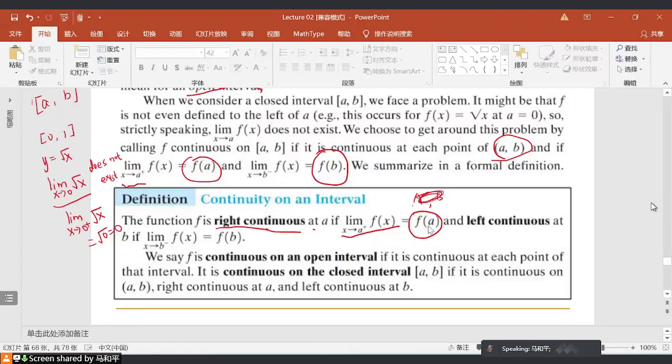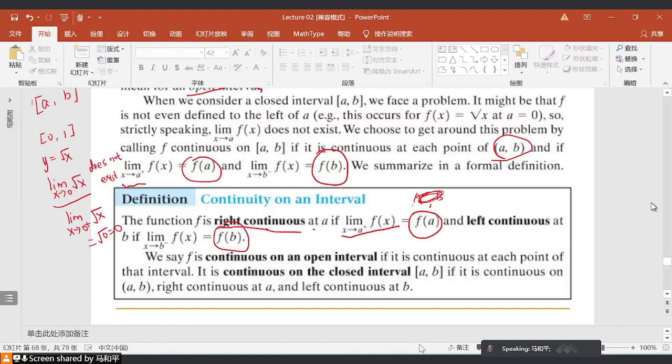The left continuous means the left-side limit must be f(b). So we see f is continuous on an open interval if f is continuous at each point of that interval. f is continuous on the closed interval [a,b] if f is continuous on (a,b), right continuous at a, and left continuous at b.